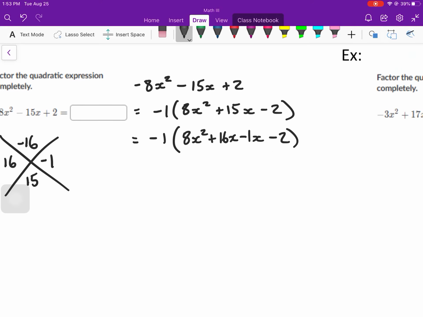All right, so now let's look at these as two groups. I'm going to have a group of 8x squared plus 16x, plus my other group will be negative x minus 2.